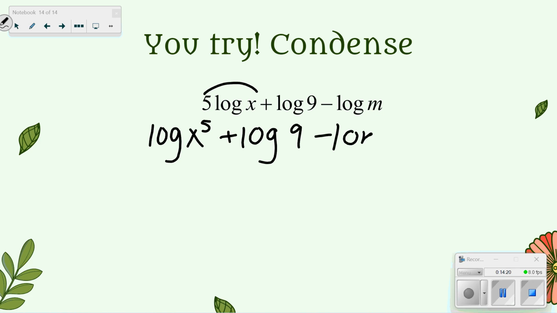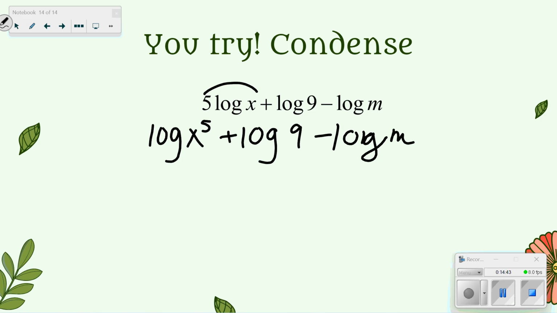And then, so you got your power rule. What did we see next? What did you guys see next when you're here? Yeah, how can I combine these first two terms together? There's a plus sign in between.